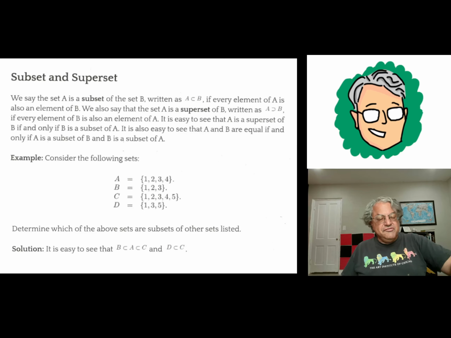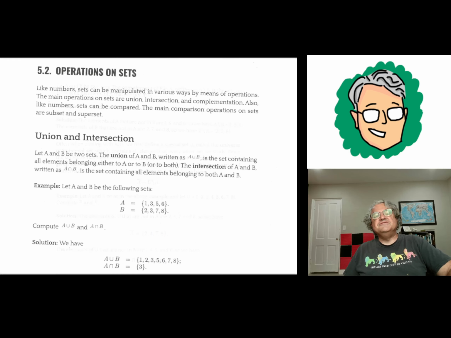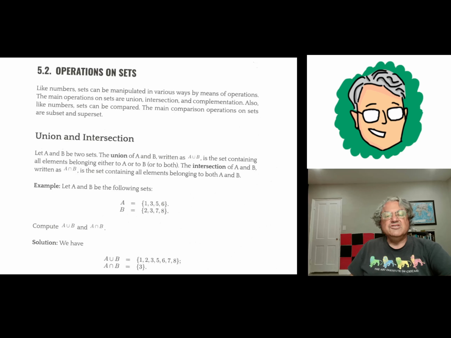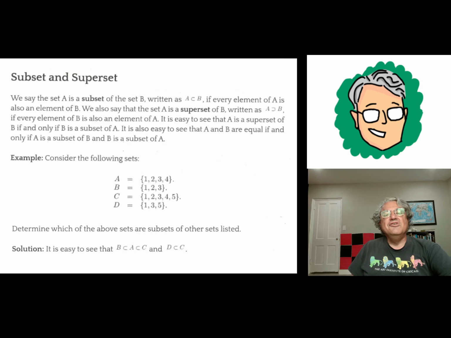If you look back at the example I gave at the beginning, A equals 1, 3, 5, 6 and B equals 2, 3, 7, 8, A is not a subset of B, and B is not a subset of A. That's pretty easy to see. The intersection is a subset of both of them, which is always true, and they're both subsets of the union, but they're not subsets or supersets of each other. So subset and superset are special ordering operations.